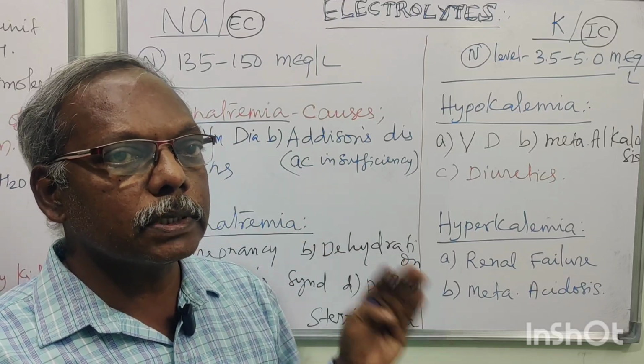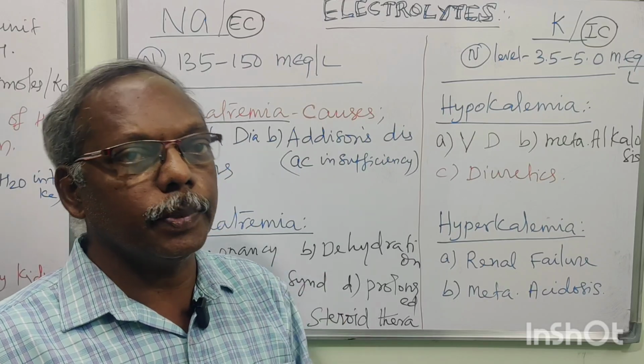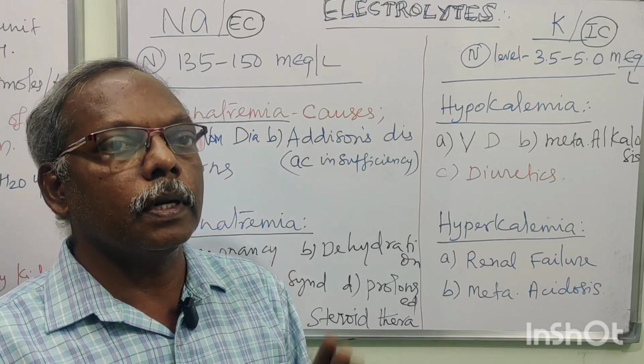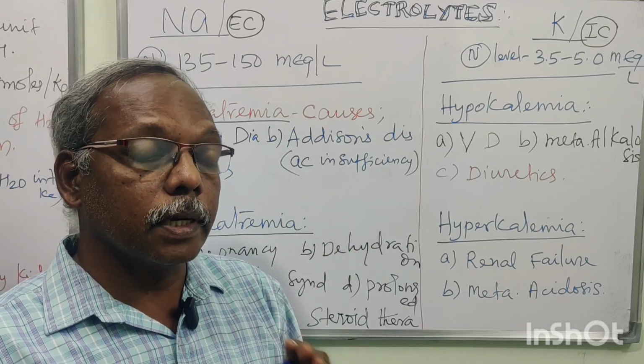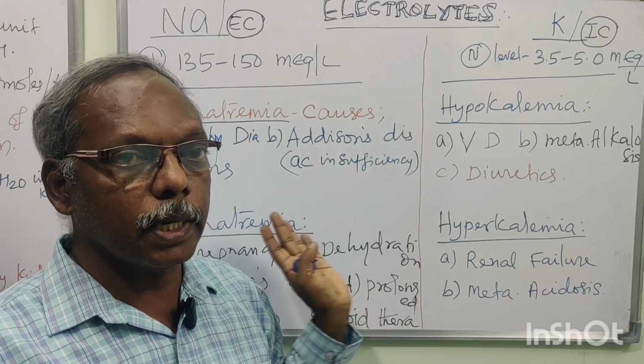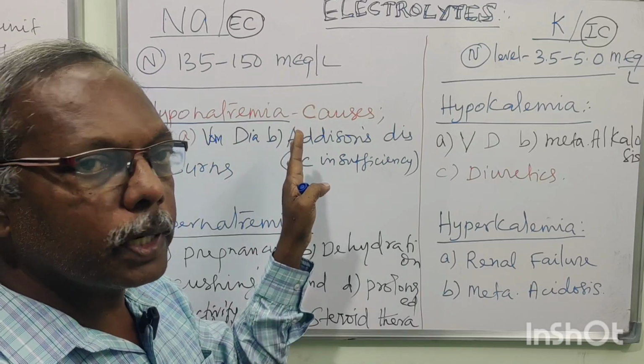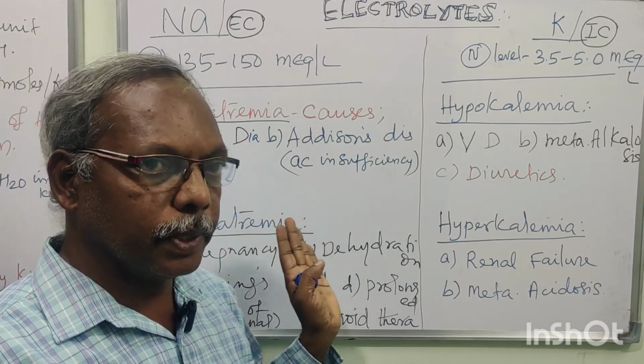Cushing's disease produces hypernatremia. The last one is steroid therapy. One of the important drugs for hypernatremia is steroid drugs, prolonged treatment of steroids will produce hypernatremia. So you have to mention 2-3 causes for hyponatremia, 2-3 causes for hypernatremia.